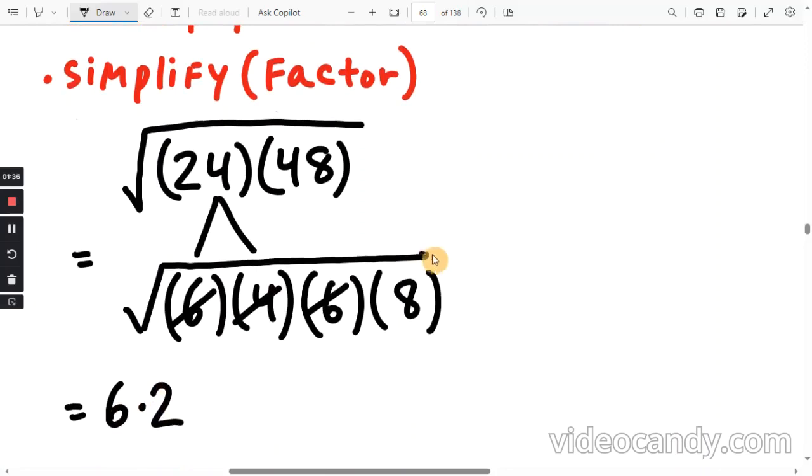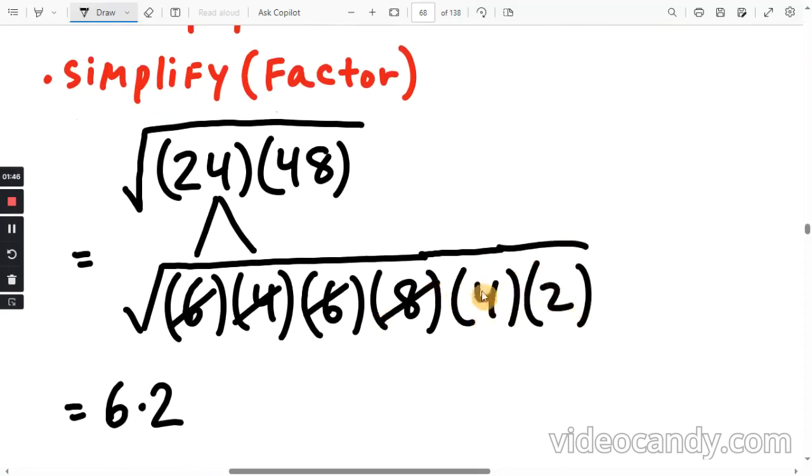And now let's see, for the number 8, we can break that up. 8 is the same as 4 times 2. And this is all under the square root. The square root of 4 is just 2. So cancel the 4 and bring a 2 outside. Okay, whenever you bring the number outside, it's going to be multiplied by the other numbers.